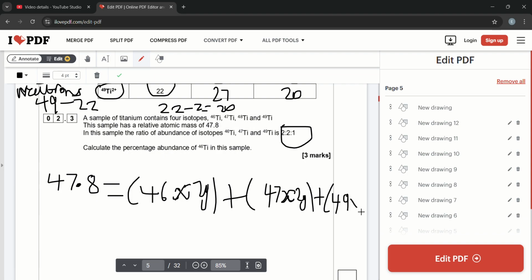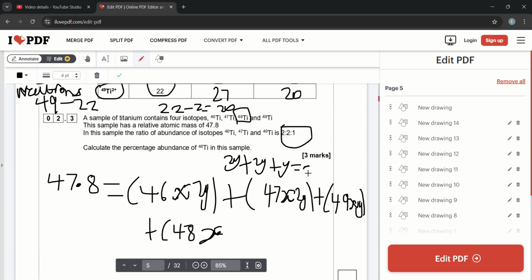And because it's a 2 to 2 to 1 ratio, it's going to be 49 times by y. However, we cannot forget the 48 Ti, which is going to be plus 48 times by, well, what's it going to be times by? Well, we've already got 2y plus 2y plus y to give us 5y. And we know the total has got to add up to 100.